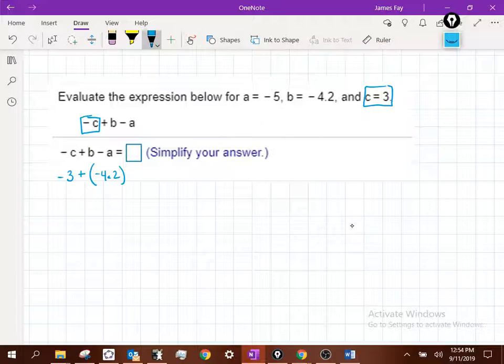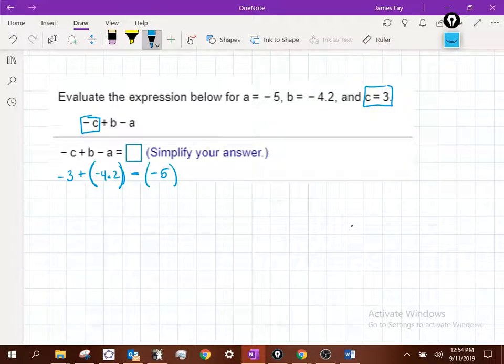Whenever I substitute, and it's a good practice for you to develop, whenever we substitute values, keep parentheses around them, especially if they're negative. Now, I know I didn't do that with the negative, but if I'm going to substitute a negative value in for B, I'm going to put parentheses around that. And I'll talk about why I do that in a moment. And then minus A, what am I substituting A in with? Negative 5.